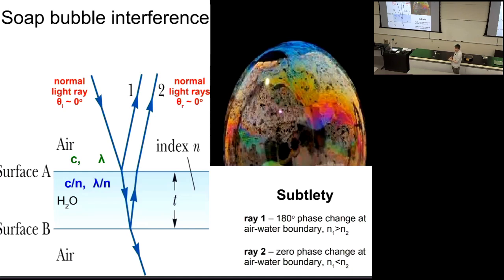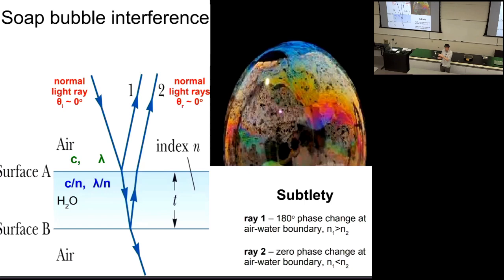But the important thing is that that light is reflected off both the outer surface of the soap bubble and the inner surface of the soap bubble. So the soap bubble, as you know, is a very, very thin, spherical, hollow bubble of soapy water. And it's extremely thin. You know, it's microns thin, the soap bubble.